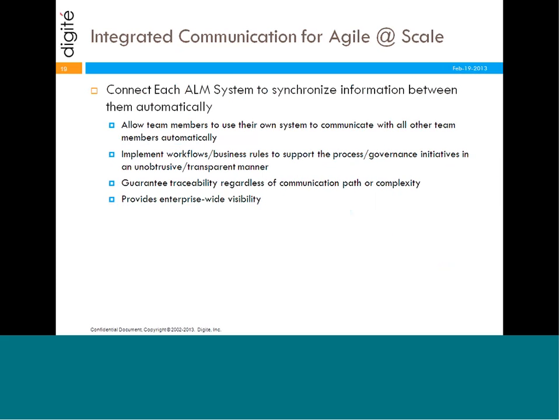Okay, so let's look at what that really means. We need to connect each of these ALM systems, whether it's defect management, requirements management or test management, etc. We need to connect the various systems in a way that there is a complete synchronization of information across these systems automatically. This will result in each of the team members being able to use their own system to communicate with their team members.